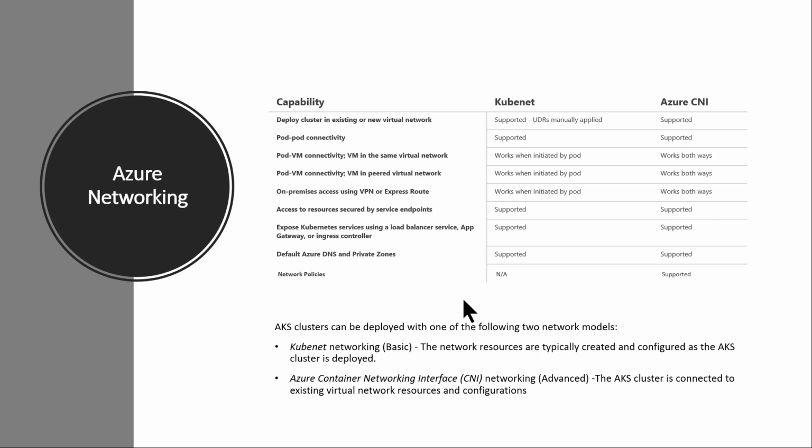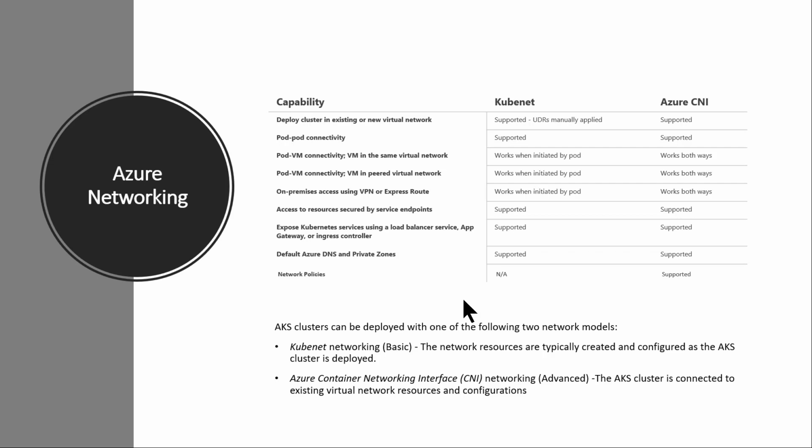If you ask my personal view here, just because basic networking does not support network policies, I would probably not consider basic networking, because I need to use network policies for pod network segregation, and that itself is a key decisive factor for me to use Azure CNI.